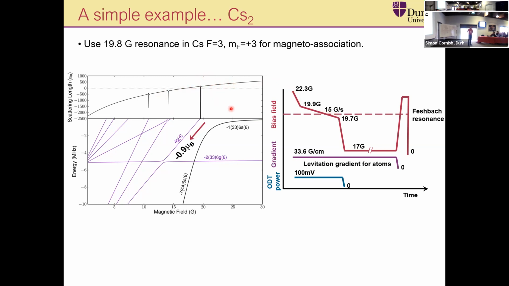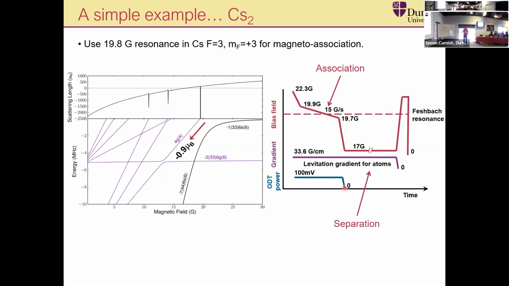Then we turn off the trap and apply a magnetic field gradient to levitate the atoms. The molecules, because they have a different magnetic moment, which is basically the slope of this line, different from the atoms, which are this atomic threshold, will just get a Stern-Gerlach separation.